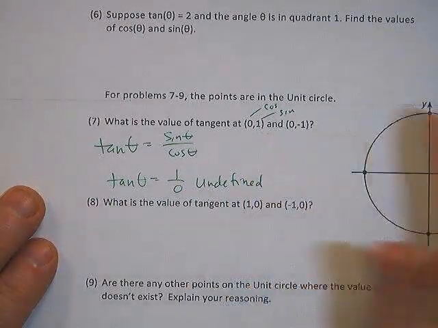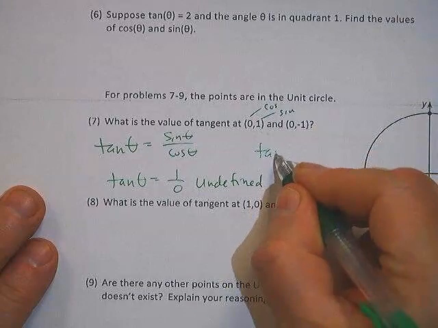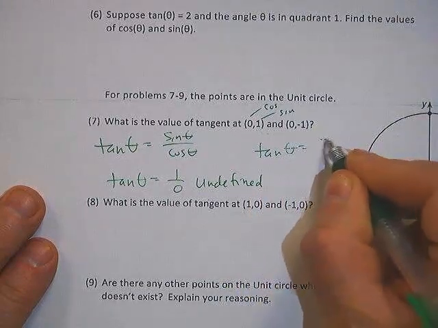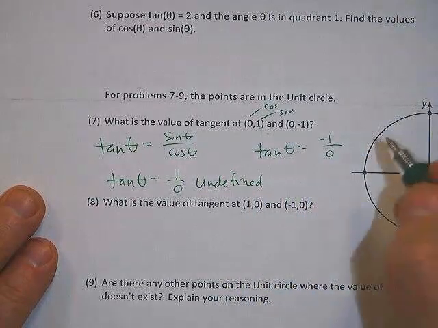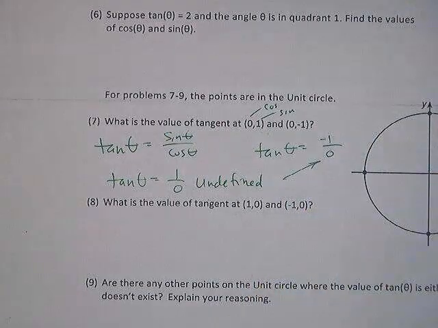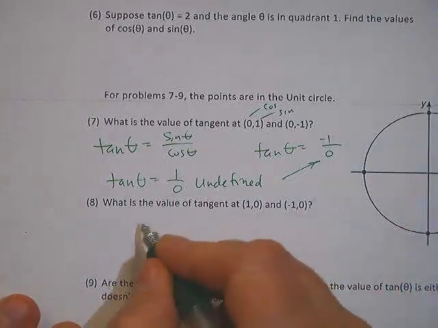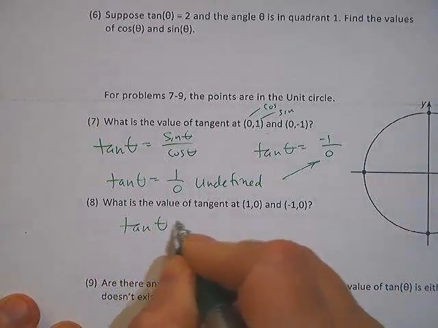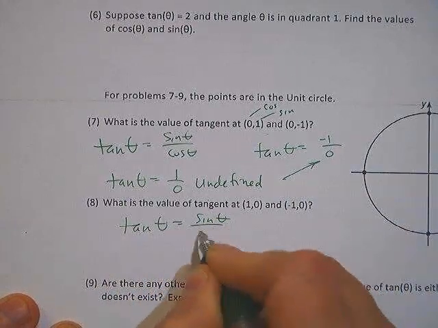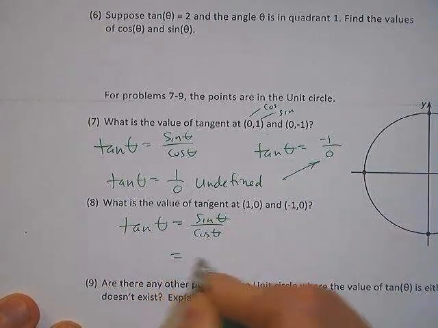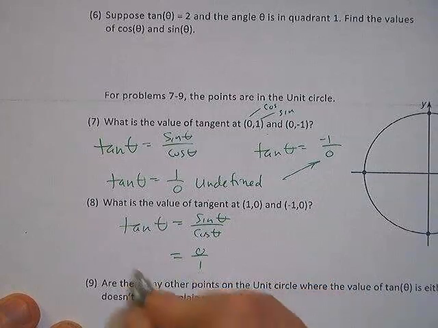And the second one, tangent of theta is equal to negative 1 over 0. And again, you'll get another undefined answer. In other words, if you divide that, you'll get an error. In problem 8, again, tangent of theta is equal to sine of theta over cosine of theta. So that's going to be 0 over 1.